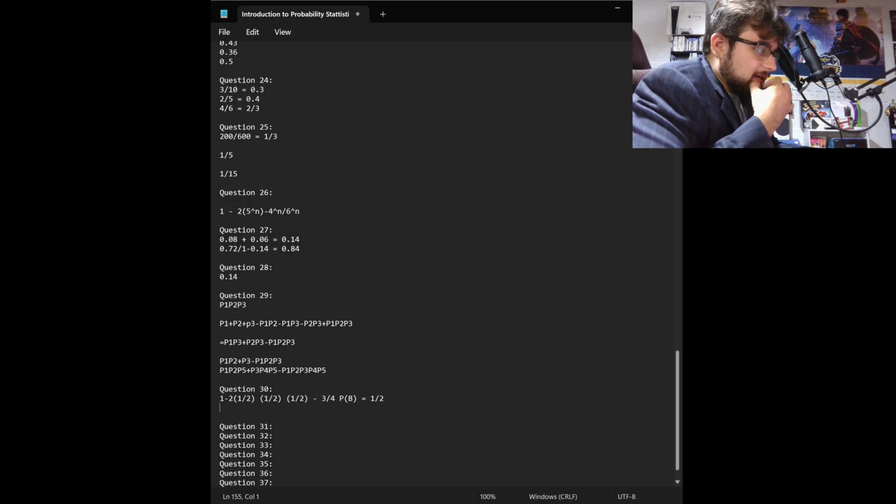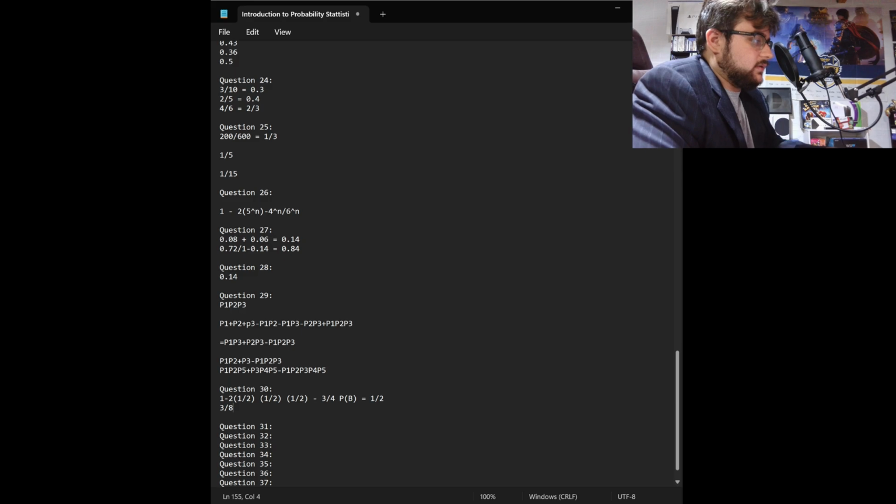In C, same sort of thing, do it again, and it's 3 over 8. And the other one is 3 over 8, and both are independent.